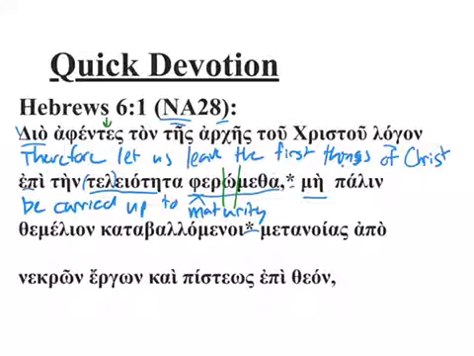Yeah, I've got the ESV. Hebrews 6:1. Therefore, let us leave the elementary doctrine of Christ and go on to maturity. And it says go on? Yeah.